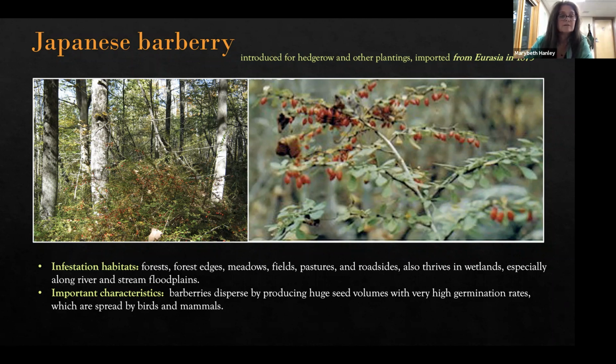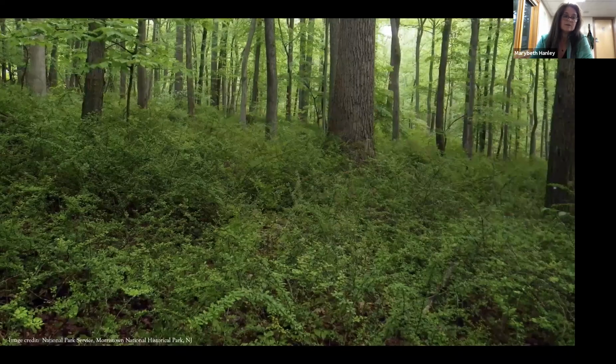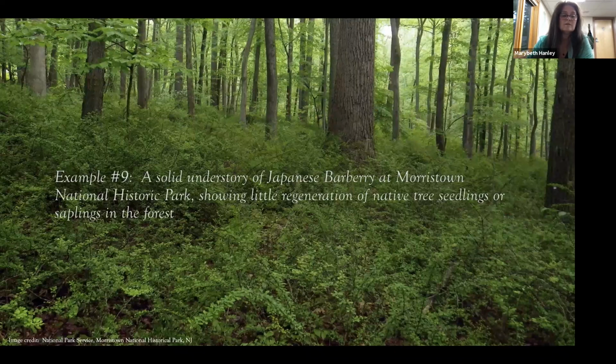And this is a picture of a national historic park that I worked at a long time ago in New Jersey, Morristown National Historic Park, where I did a project in March when the deciduous trees hadn't leafed out yet.